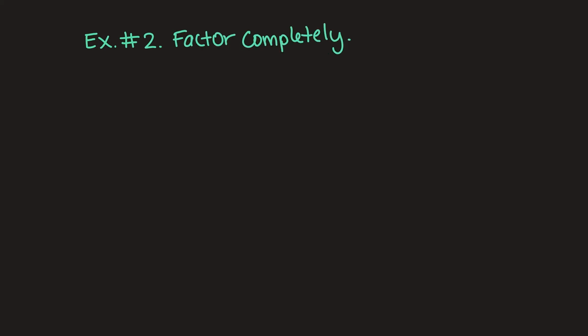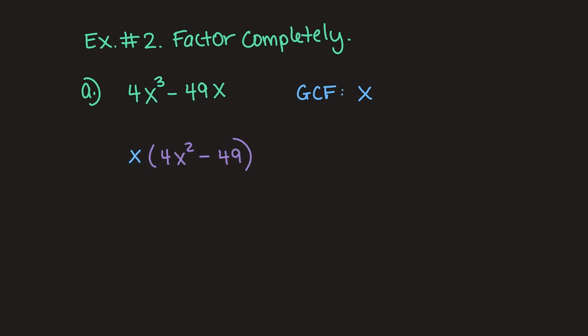So for example 2, we want to factor completely. For this binomial, first notice that the two terms have a GCF of x. We must factor this out first. So we have x times (4x squared minus 49). And now notice that this is a difference of two squares. This can be written as (2x) squared minus 7 squared.